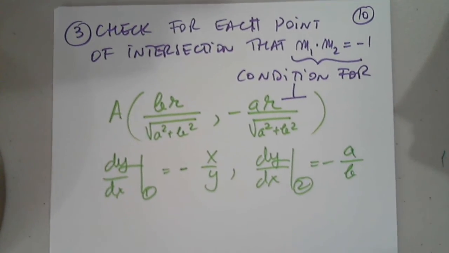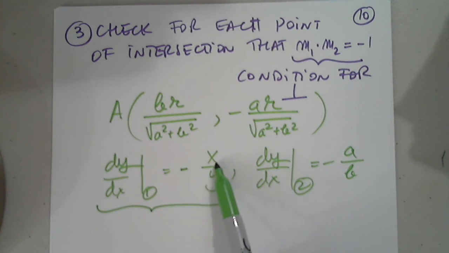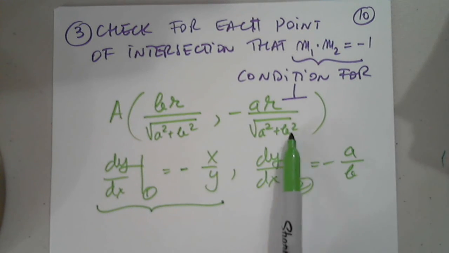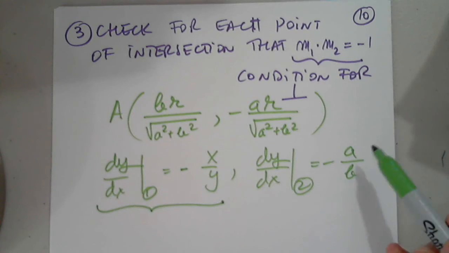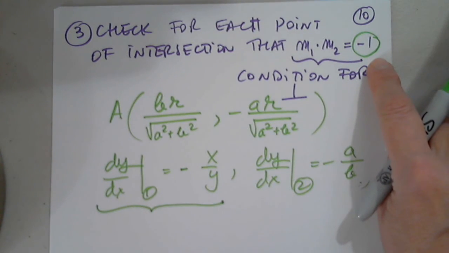So I have to determine this, negative x over y, x over y. Whatever I get times this has to equal negative 1.